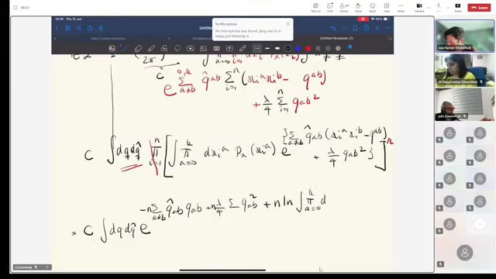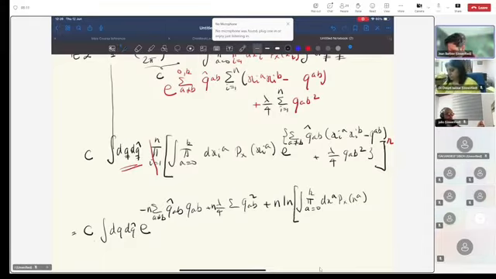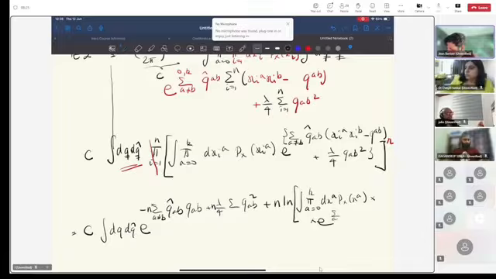Integral from 0 to infinity dxa, p of x a, times exponential of sum over a different than b Q hat ab x a x b.